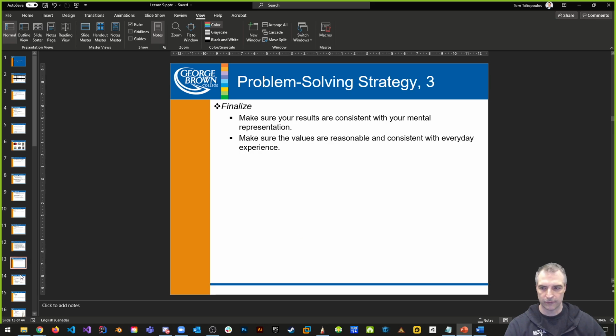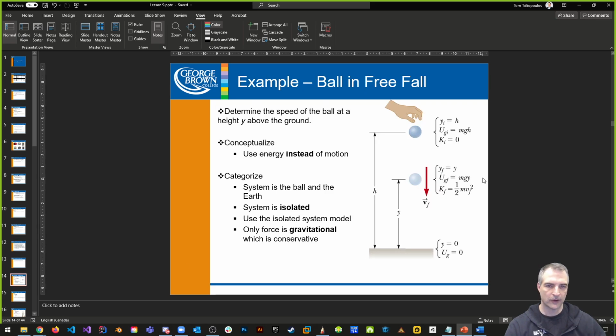Okay, so that's kind of what we do. Here is an example of a ball in free fall by using this law of conservation of energy. Again, think about this in terms of, I want to determine a few things about the ball. If I have some information, as an example, and I say that, okay, I want to know what the kinetic energy final and potential energy final is at this point, this y as an example, for the ball.